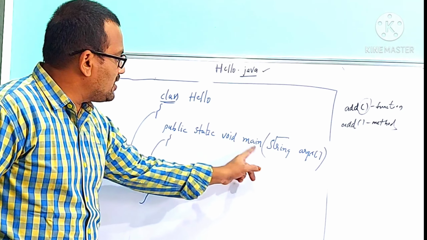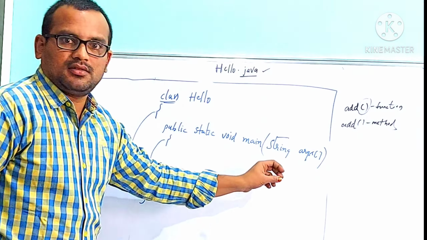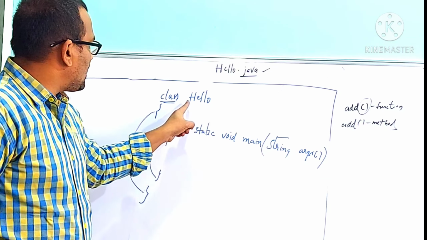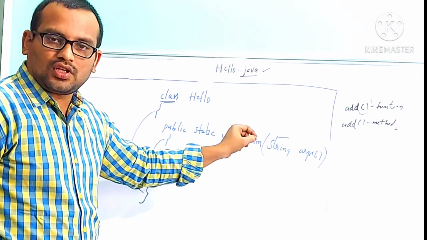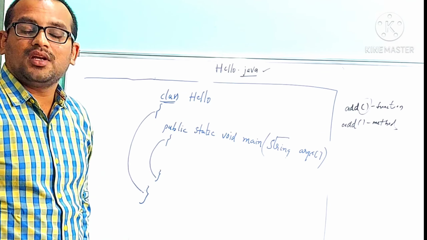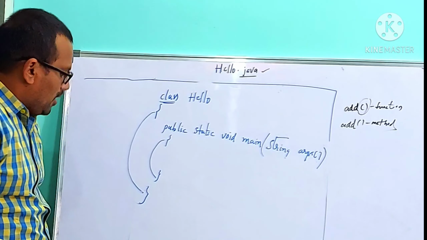So here main is a function because it contains open parenthesis, closed parenthesis. So main function, but this main function is available inside the class. So that's why it became main method. So why are we using public static void main?